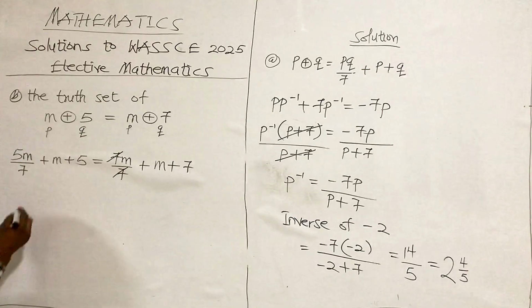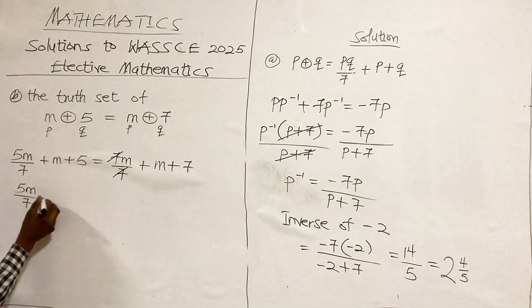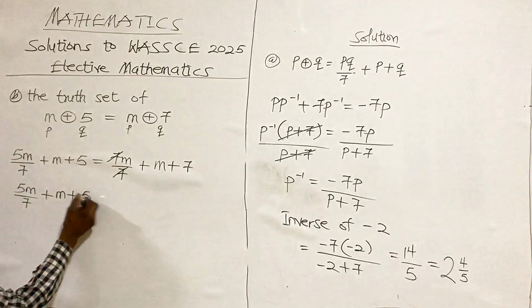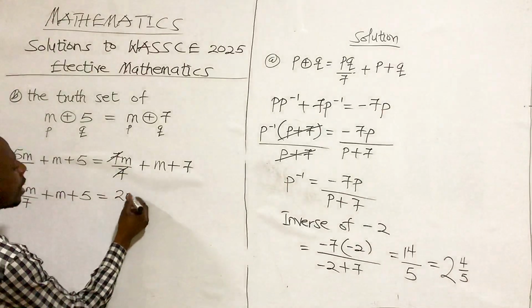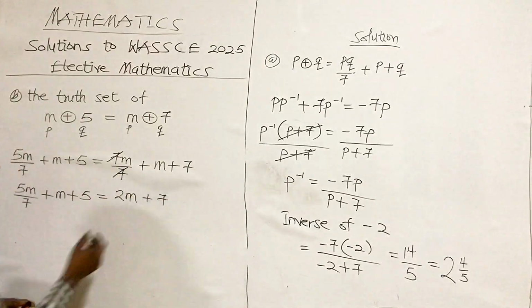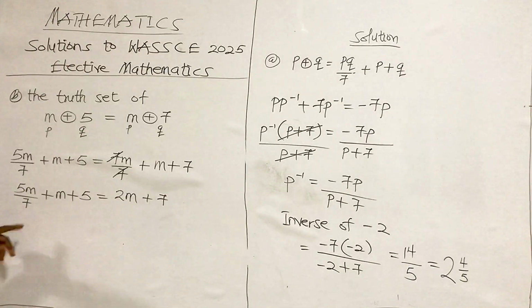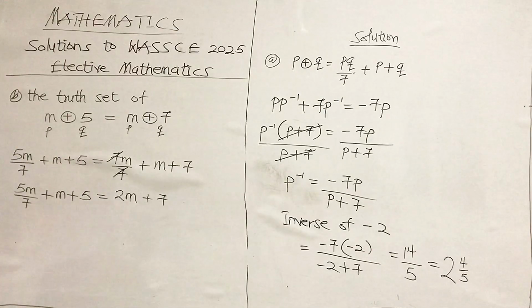Then we are going to get 5M over 7 plus M plus 5 is equal to m plus m, we have 2m plus 7. Because of the denominator, we need to multiply each term by 7.